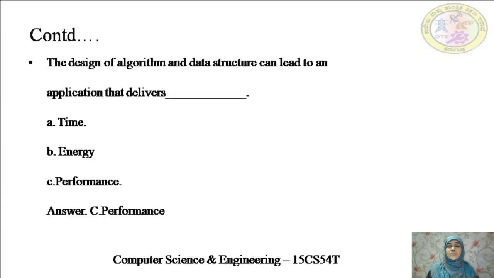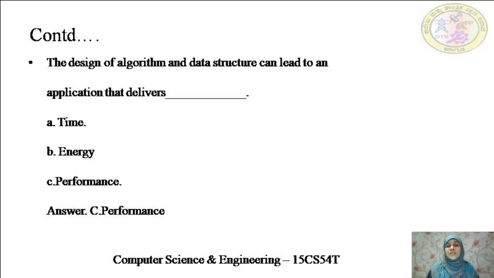Okay, the next question is, the design of algorithm and data structure can lead to an application that delivers dash. What does it deliver? As you know, we are using an equation for that particular level. Any guess? Right, it is performance.